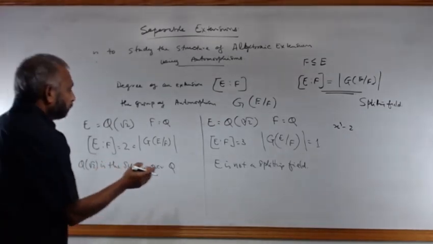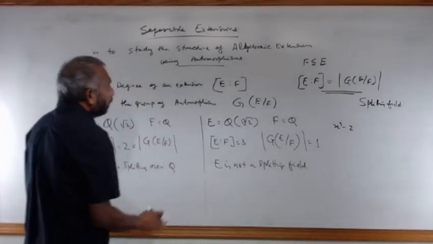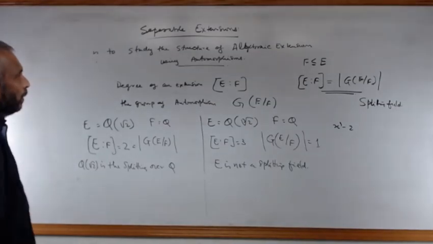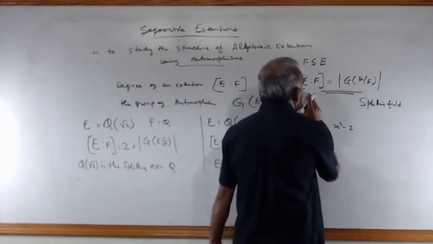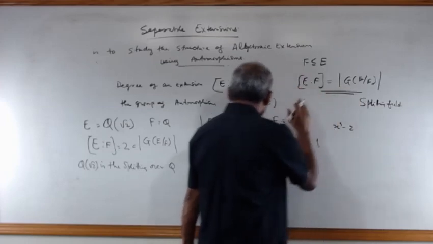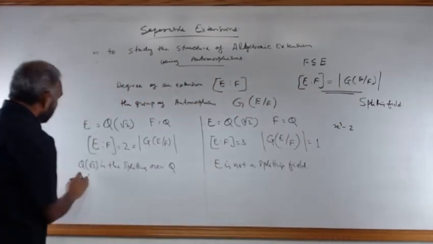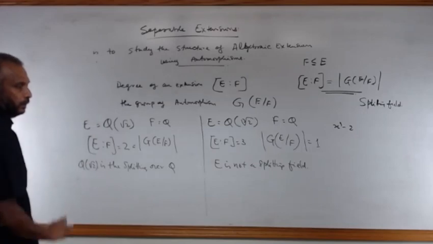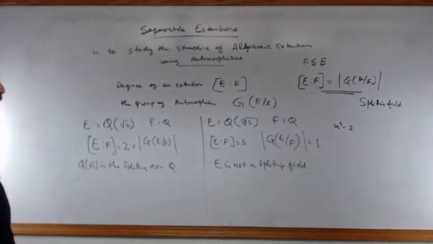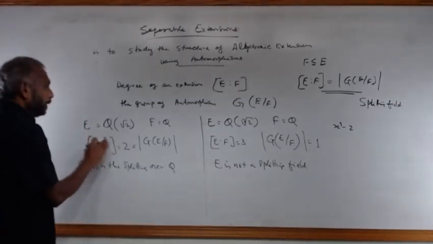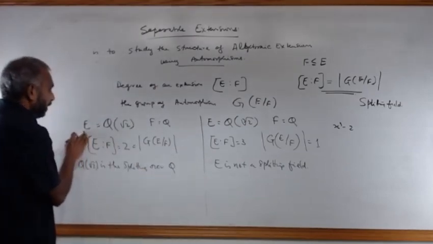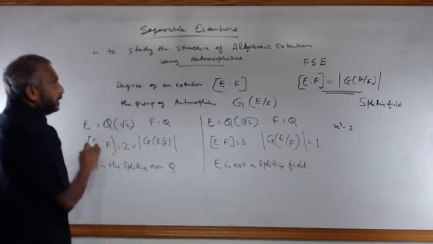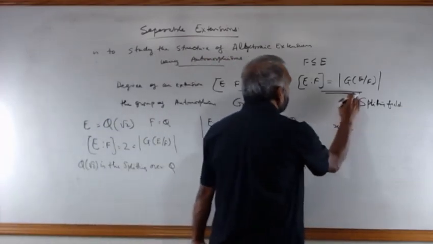So one way to make these two equal is to make sure that E is a splitting field. But if E is a splitting field, can we always say that these two numbers will match?